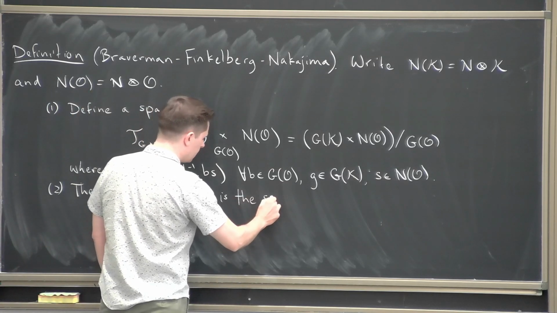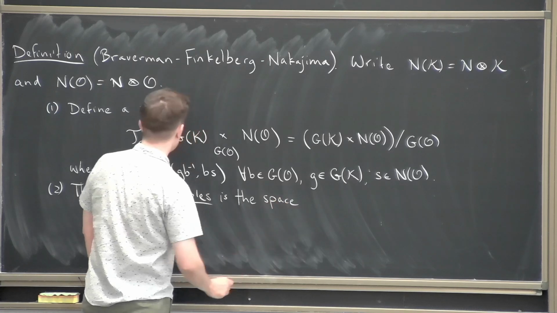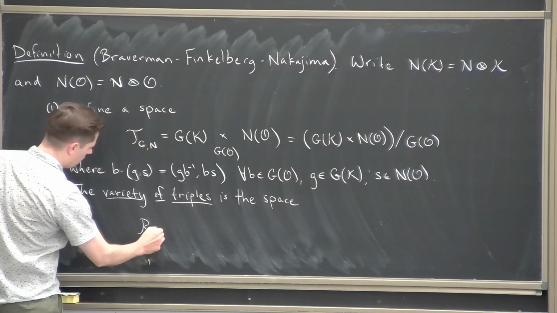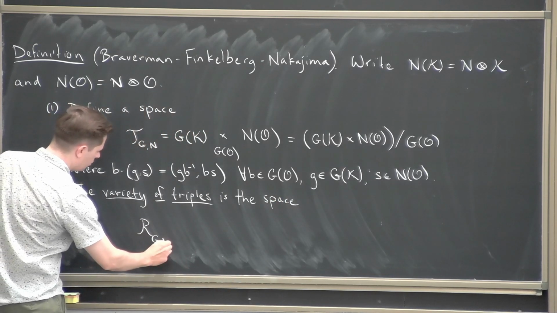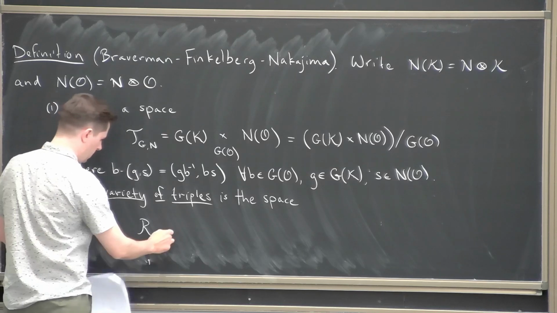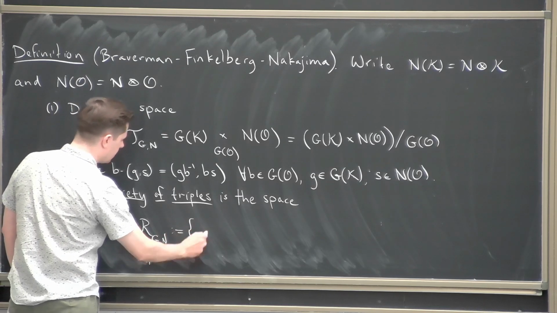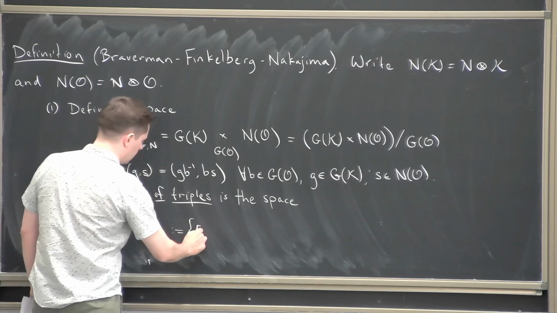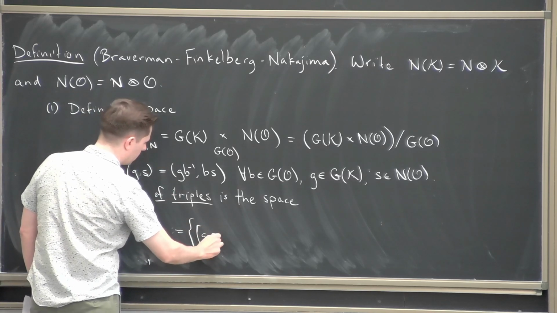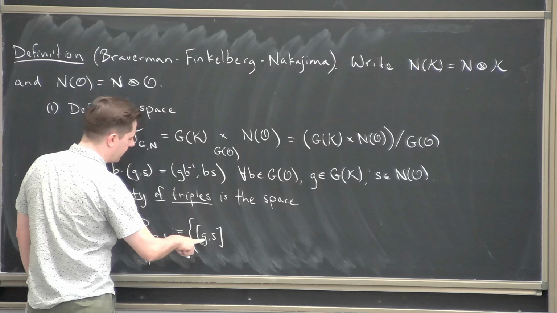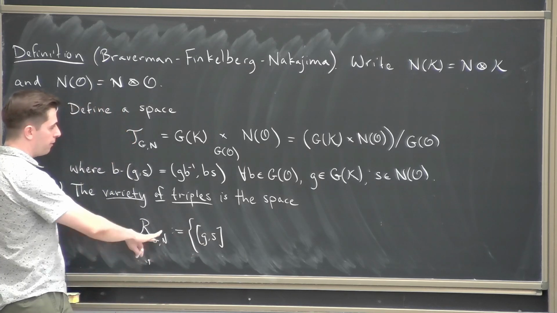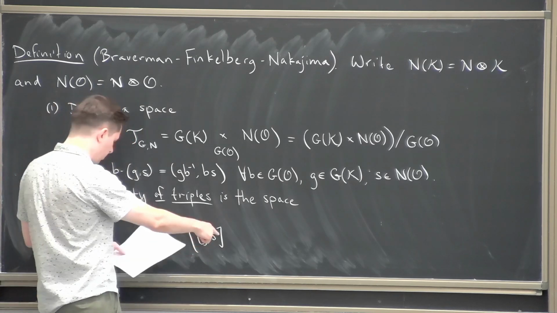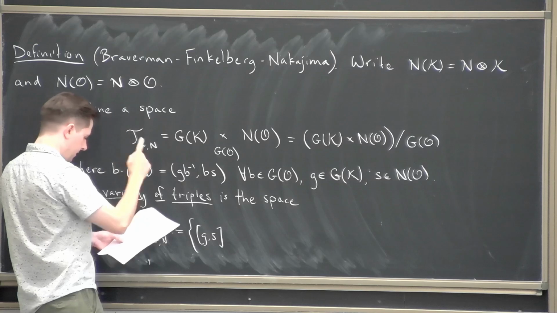defined as follows. It's denoted R_{G,N}, and it consists of elements. So let me write brackets, [g, s], for the equivalence class of a pair (g, s) in this T space.